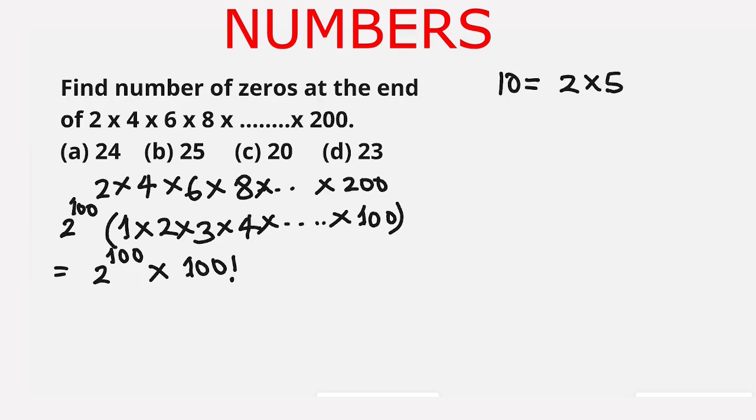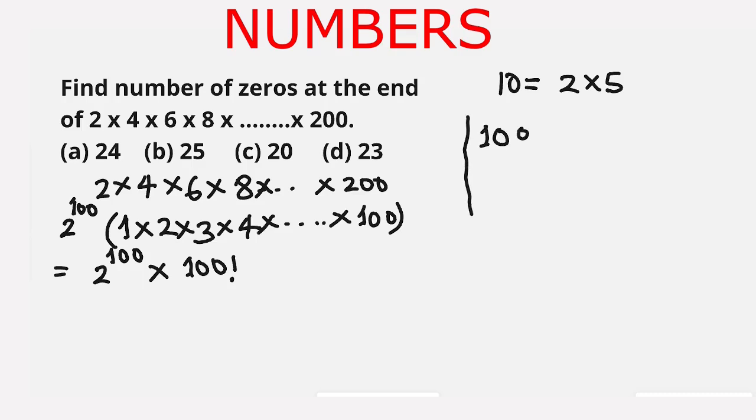And we will find the maximum power of 5 in 100 factorial, and that many powers we will take from the power of 2. That will make the power of 10. So we will find the maximum power of 5 in 100 factorial.